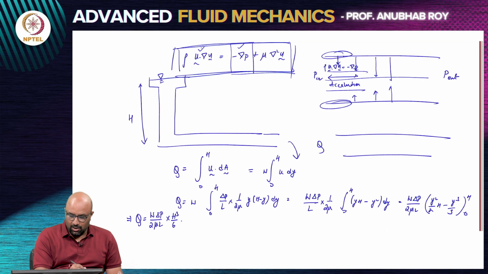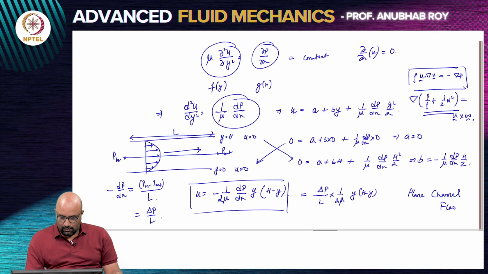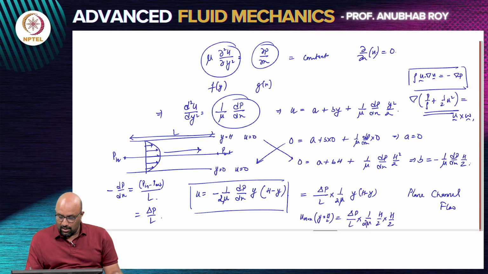And if you go back to your expression for the velocity, if you ask where is the maximum, in this particular problem the maximum is at the center line. So you can compute this at y equals h by 2, which is del P by L 1 by 2 mu h by 2 into h by 2.